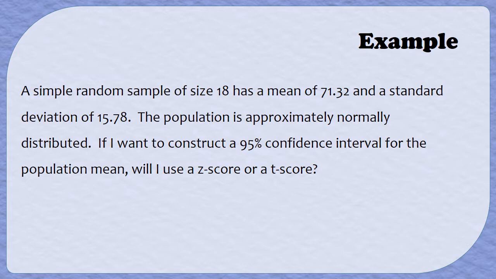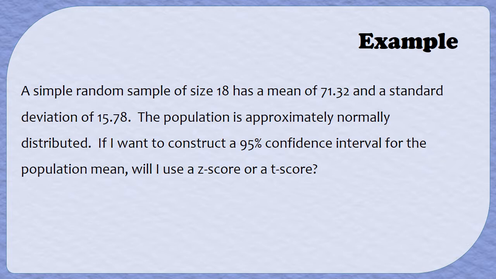Now, this is where identifying parameter and statistic comes in handy. That was also way back at the start of the semester. We're going to have to read carefully to see whether the information we were told is about a sample or about a population. When I look at that first sentence again, it starts out telling me about the sample.